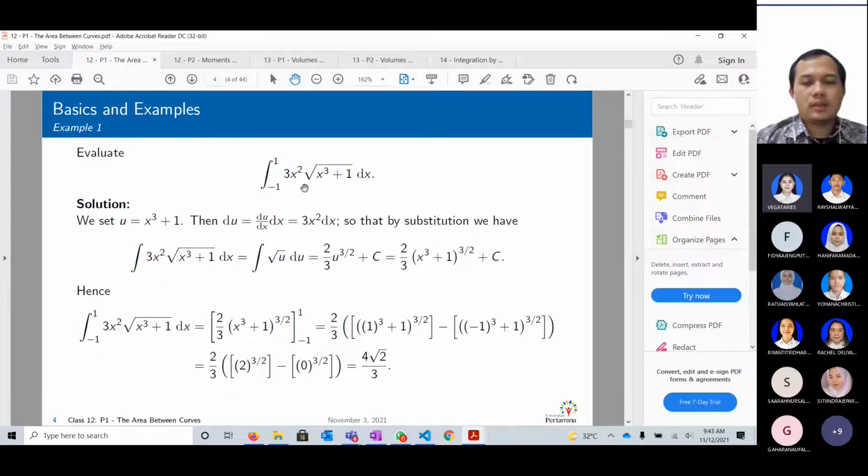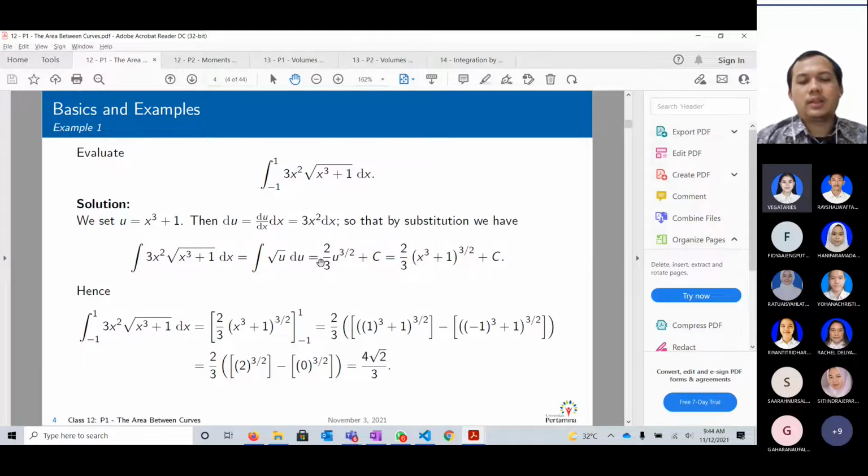Here we set u to be equal to x cubed plus 1, then we can take du as du/dx times dx, which is 3x squared dx. Then in this case, by substitution, the integral becomes the integral of square root of u with respect to u.